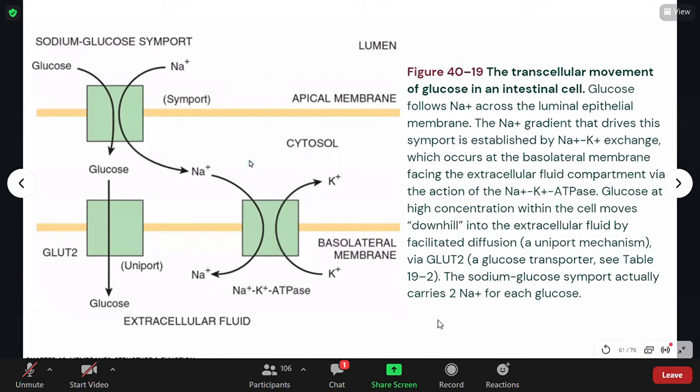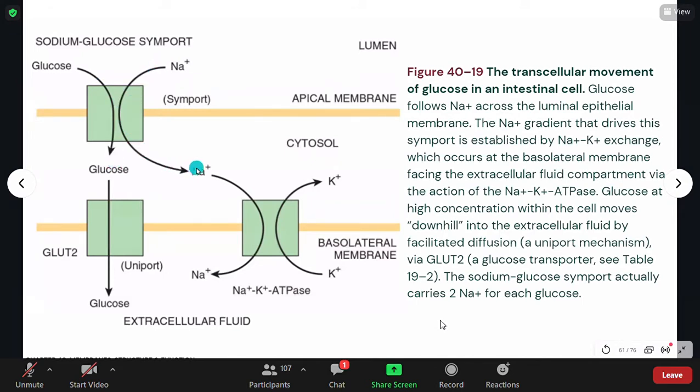These two are dependent upon the sodium potassium pump. Dependent, because as you can see, this one requires sodium together with glucose to come in.